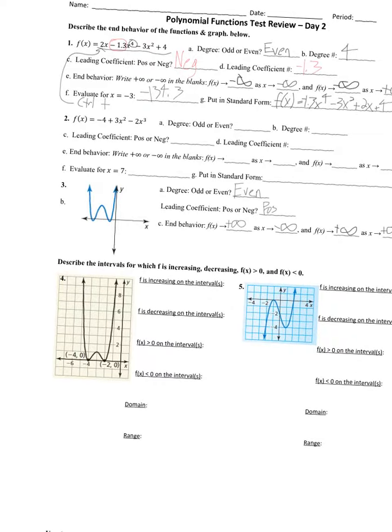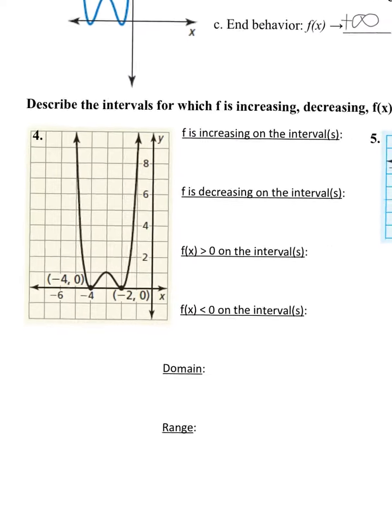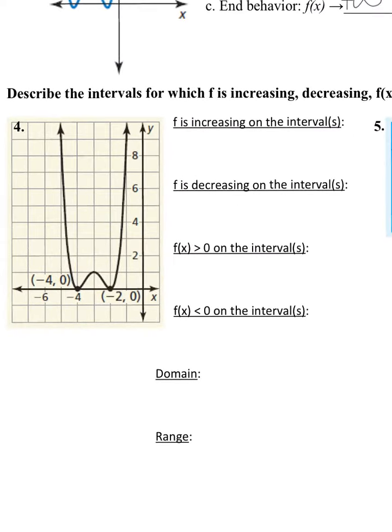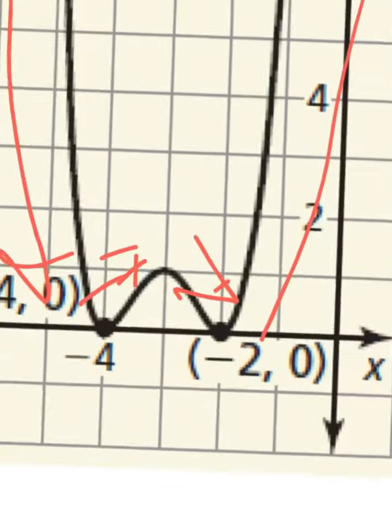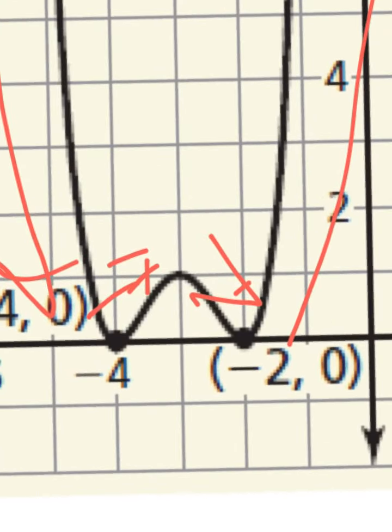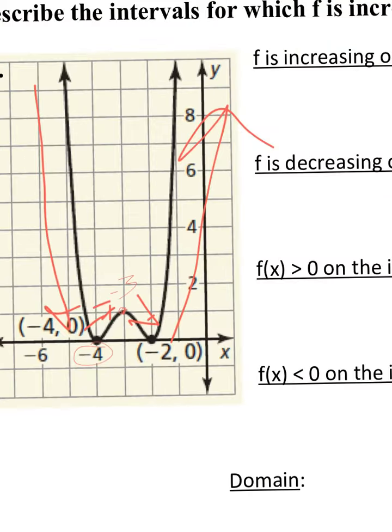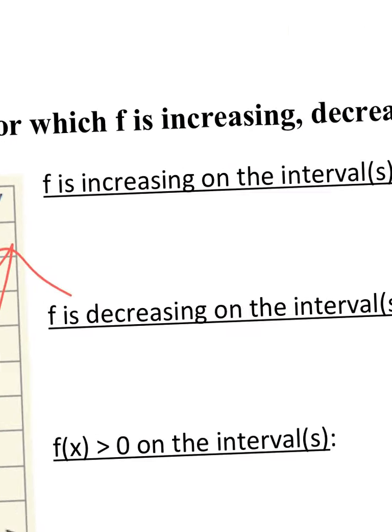Yeah. Number 4, f is increasing on the intervals. So let's see here. Reading this from left to right, it goes down, then up a little bit, then down a little bit, then up again. So the first increasing interval is right here. So we just need to know their x values. So negative 4, and then this has to be at negative 3. Alright, so it's just increasing between negative 4 and negative 3.